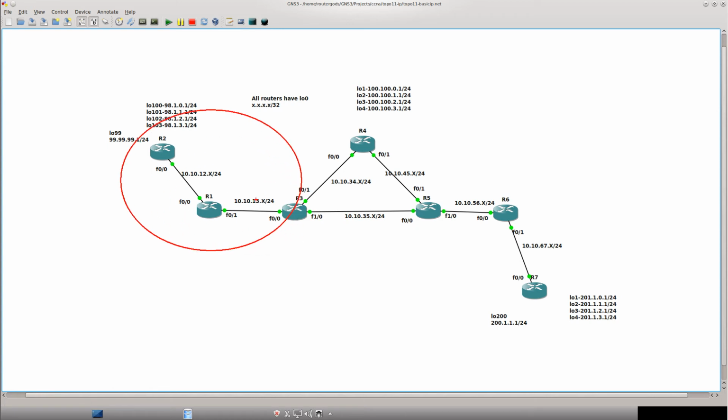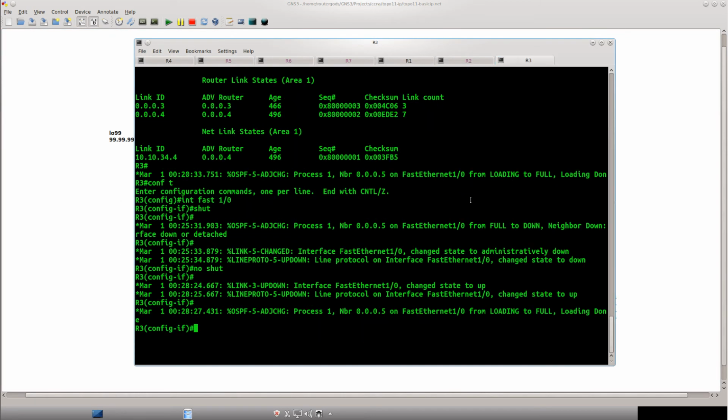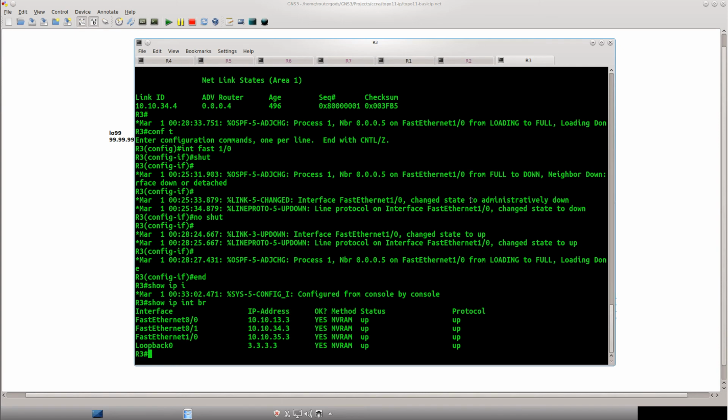So everything in that circle is going to be in a different area, we're going to call it area 2. So this is going to be a lot faster. We're going to go on R3 and put fast 00 into OSPF, and we're going to do it a different way. So R3, show IP interface brief. Fast 00 is the one we want.